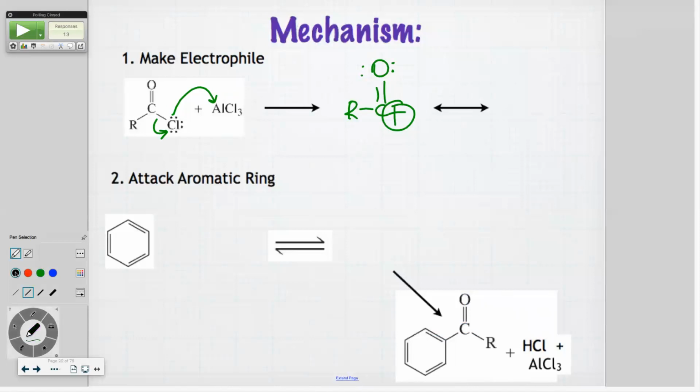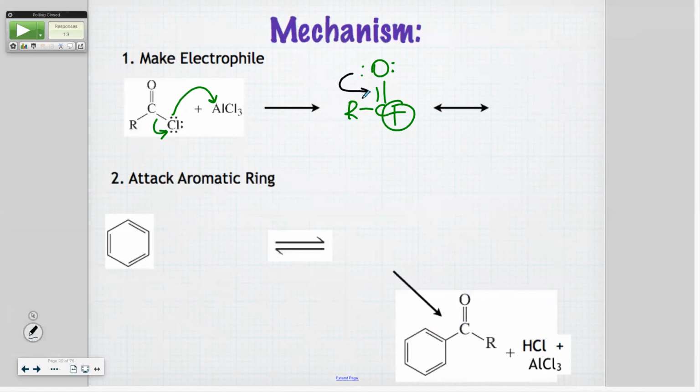Then the resonance form is these electrons coming down to stabilize the plus, because the oxygen being bigger can handle the plus charge better. There we go. There's your acylium ion.